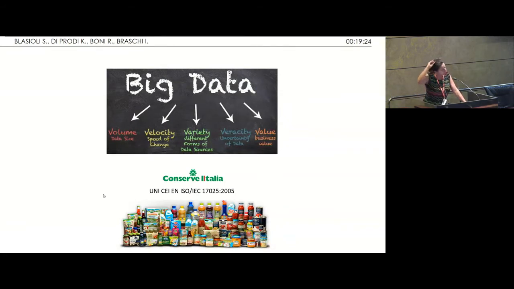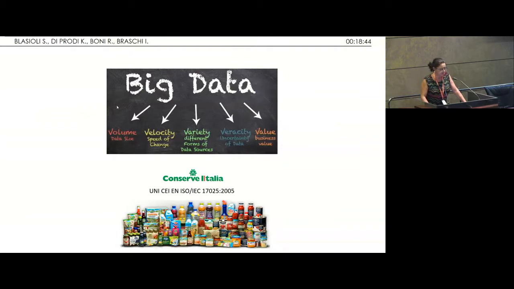Conservitalia is a consortium that stores and markets some vegetable products and produces mainly canned food and fruit and vegetable juice. Conservitalia is accredited to perform multi-residual analysis on these vegetable products.